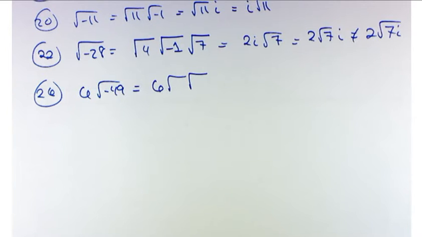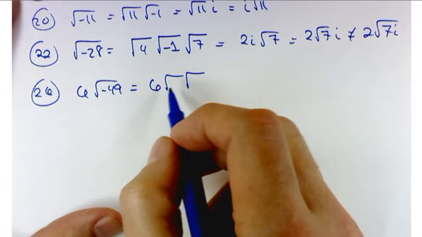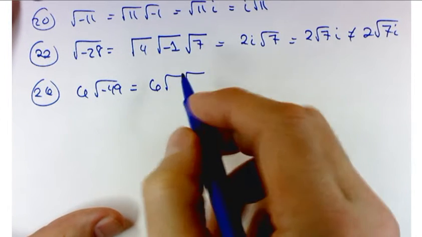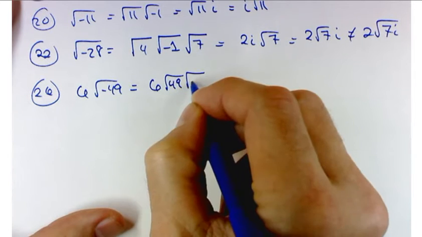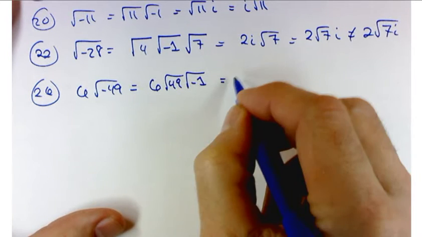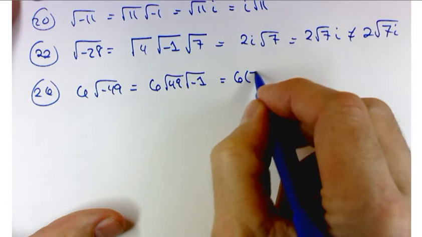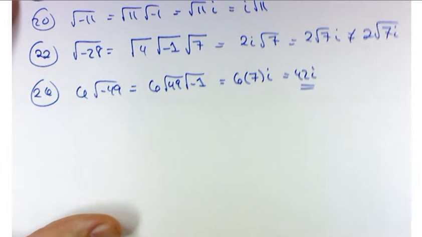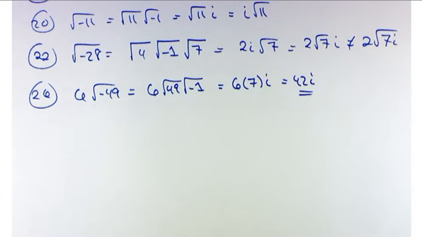Now, what did you put first? I mean, did you put the negative 1 or did you put the 49? Put the 49? All right. So it's going to be 6 times 7 times i, or better yet, 42i would be the number that I'd be expecting for a problem like 26.